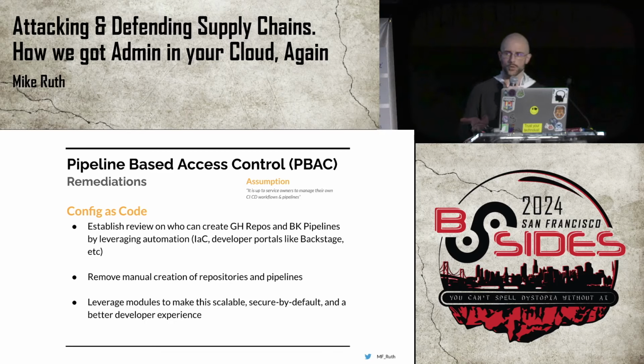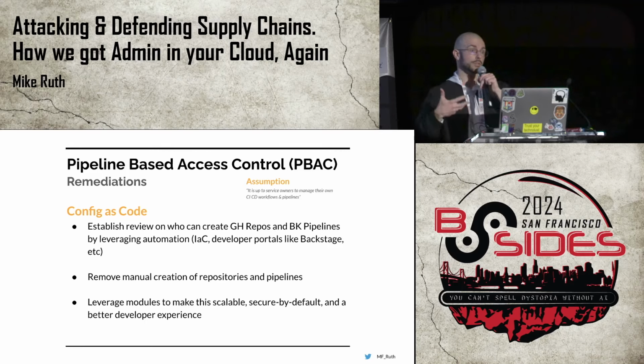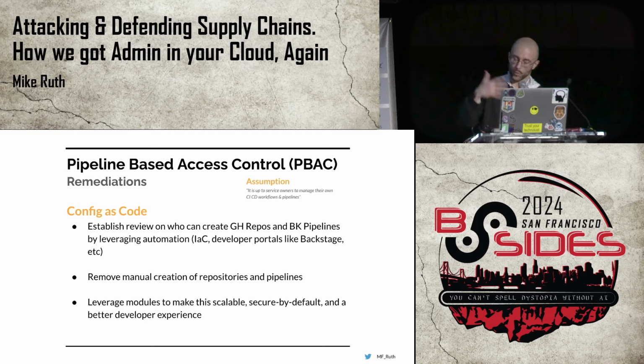The best way to do this is probably with config as code. This could be infrastructure as code. This could be a developer portal of some kind, if you use something like Backstage, a wizard, right? Whatever it is, removing the ability to create those resources themselves by modularizing it so that it can be scalable and secure by default will allow us to maintain that good developer experience.